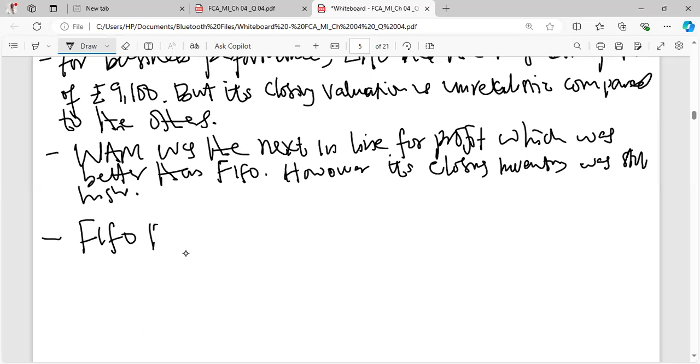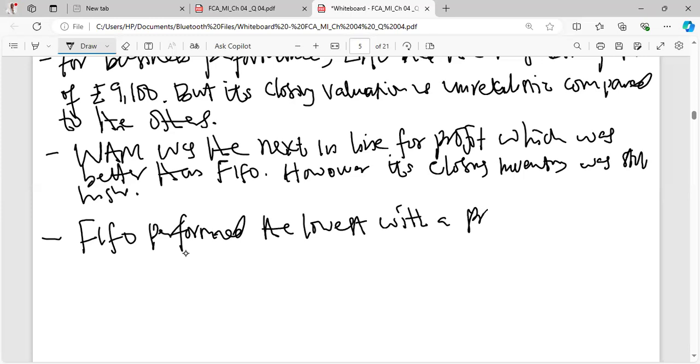FIFO performed the lowest with a profit of 4,500.